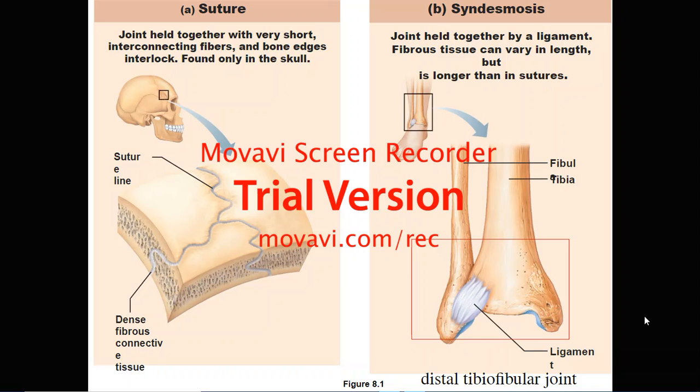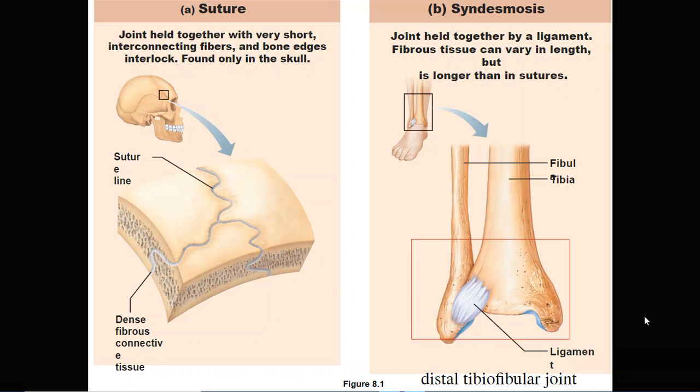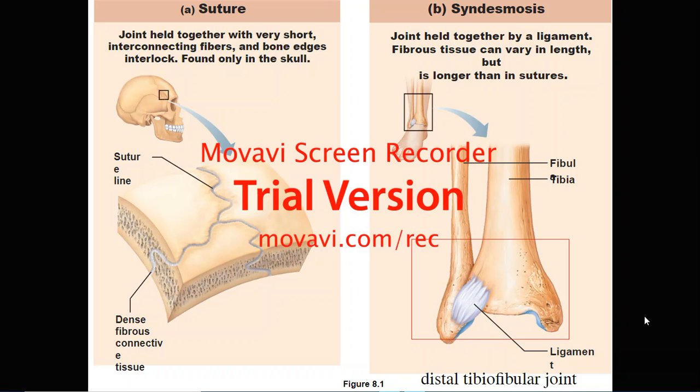And essentially, when you start off as an embryo, and then as you grow, your skull has to continue to grow. So it still has fibrous connective tissue in the sutures, but then as you get into middle age, the fibrous tissue is going to ossify, and the skull bones are going to fuse into a single unit.